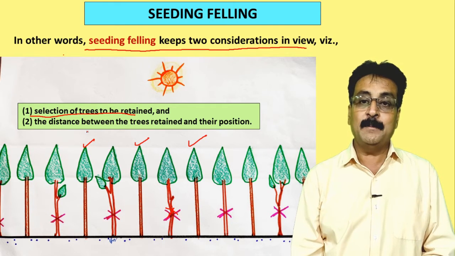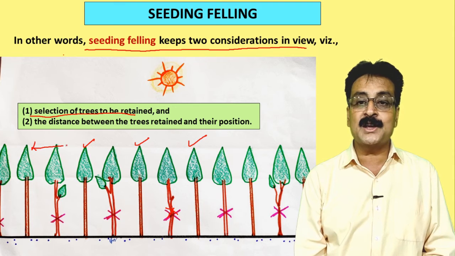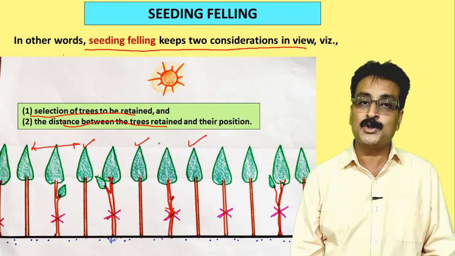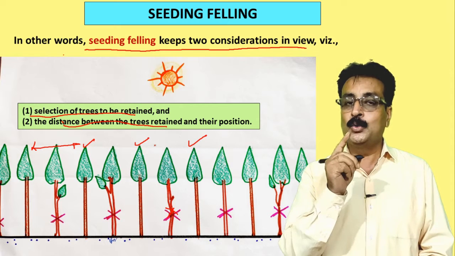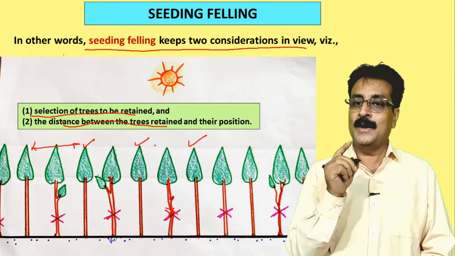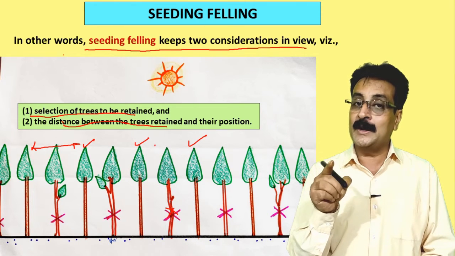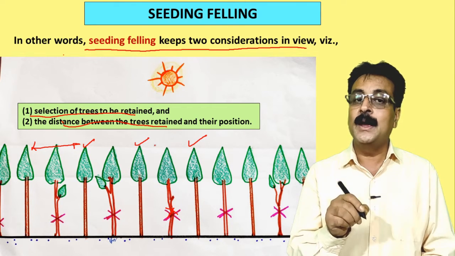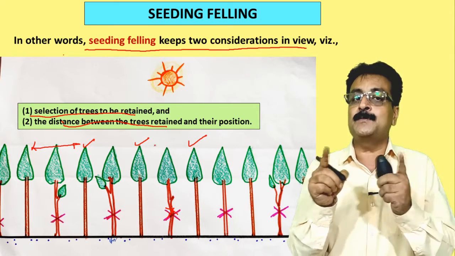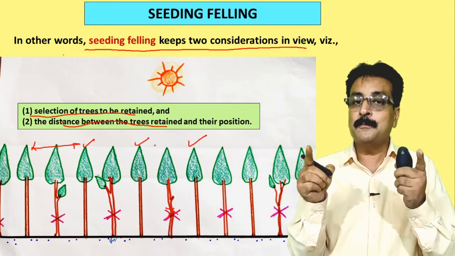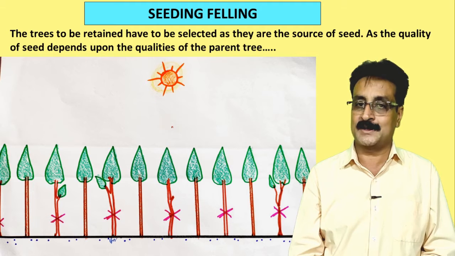Number two is the distance at which we are retaining them and their positions. So in seeding felling, two very important things are there. One is selection of trees to be retained, and what the criteria of those trees are. The other is what the distance between the seed bearers is and what their position is. Those are the two things we'll understand.